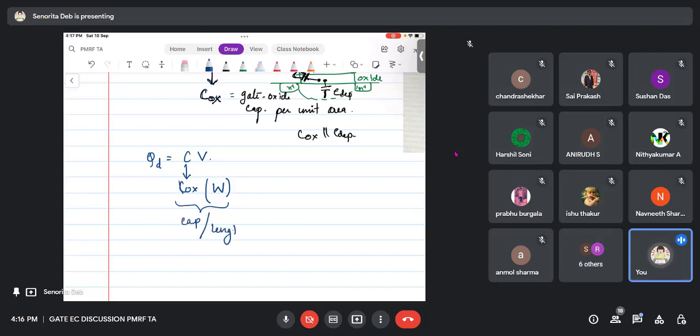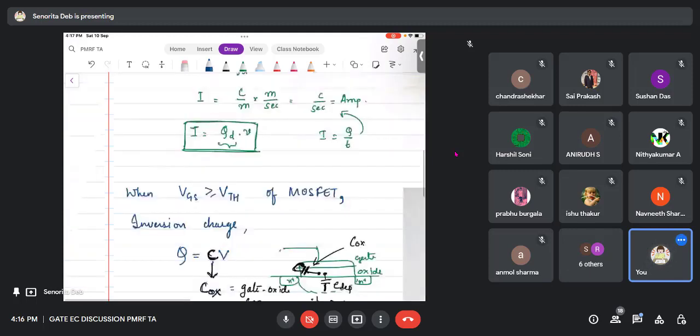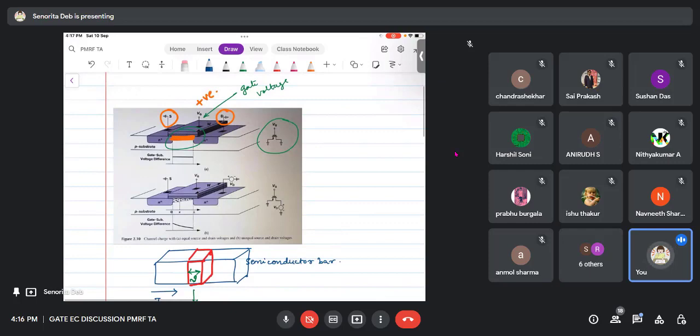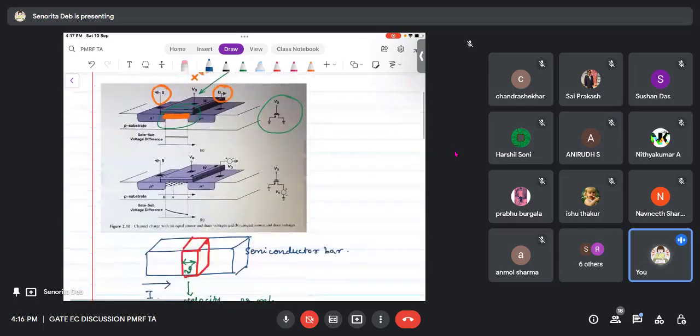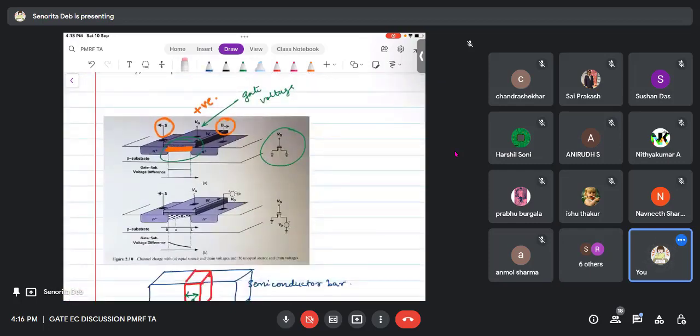If you come to this, you will see here that W is written, width of the MOSFET, right? So basically COX is the cap per unit area, and this will be your channel length. For now this is your channel length L.